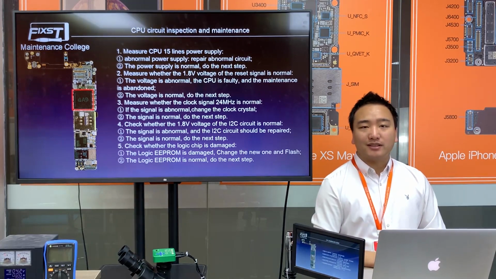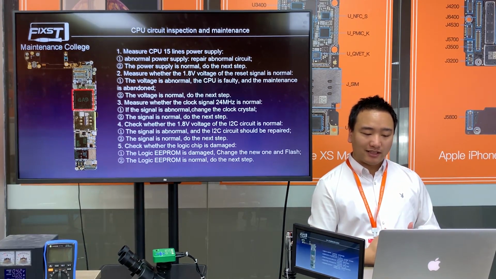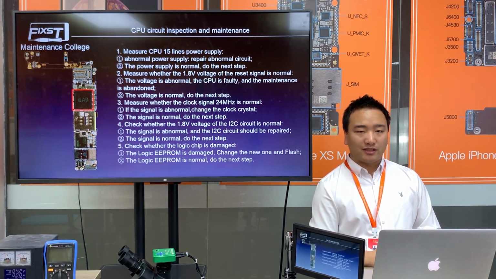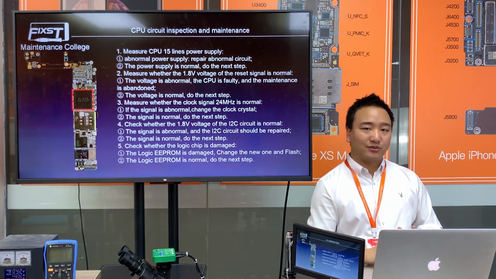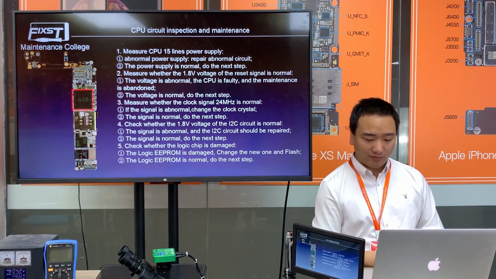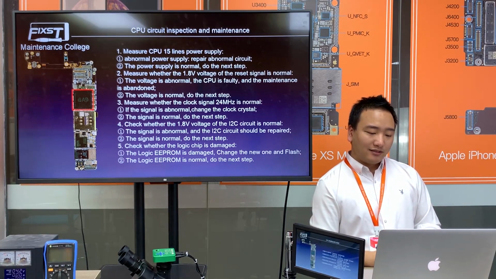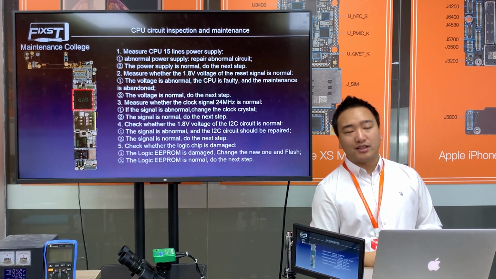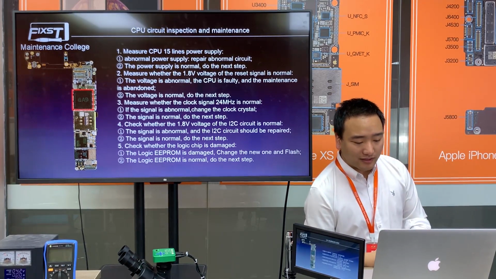How should we detect this clock signal? We can also use the oscilloscope to test it. If the oscilloscope shows this signal is normal, it means that this signal has no problem. So when we detect it, the clock signal is okay. If there is a big difference or no signal, it means that there is a problem in sending this signal.